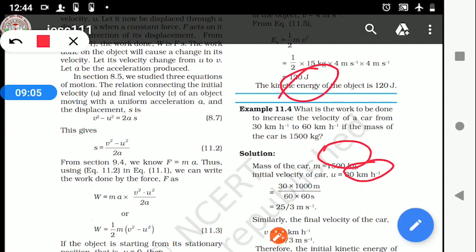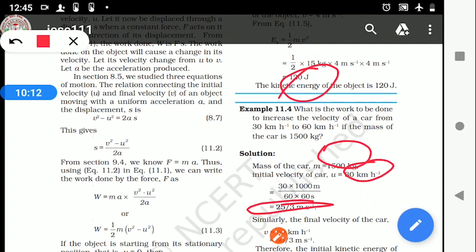So this 30 km per hour, you have to convert it into meters per second. You know that 1 kilometer is equal to 1000 meters. So 30 kilometer is equal to 30 into 1000 meters upon 60 into 60 seconds, since 1 hour is equal to 60 into 60 seconds. And when you simplify this, you will get 25 upon 3 meter per second.